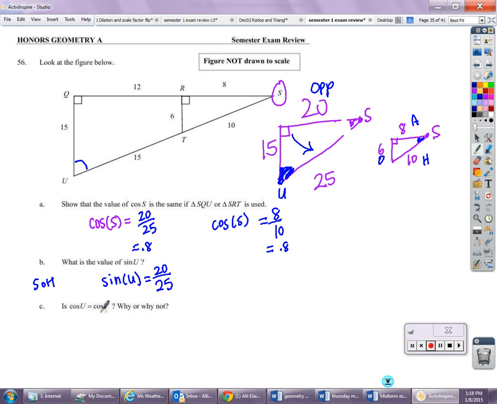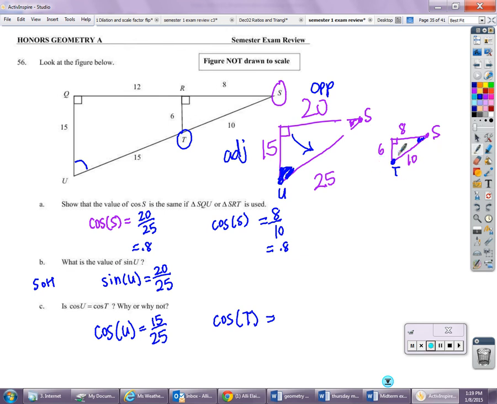So last one, is cosine of U the same as cosine of T? So T is here in the small triangle. So the cosine of U in the big triangle would be the adjacent, which is 15, over the hypotenuse, which is 25. And the cosine of T in the small triangle, let me erase this.